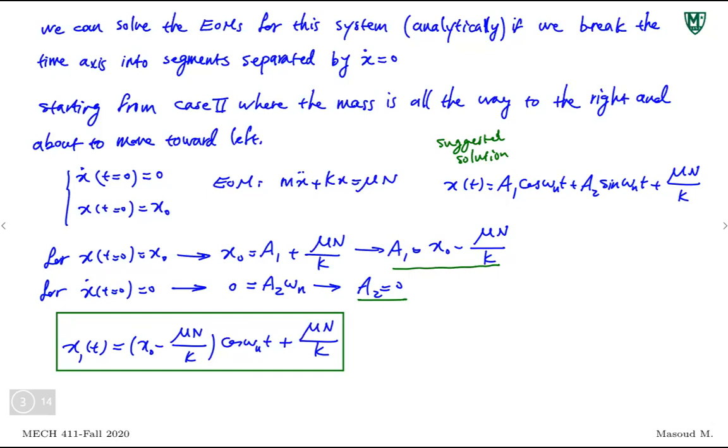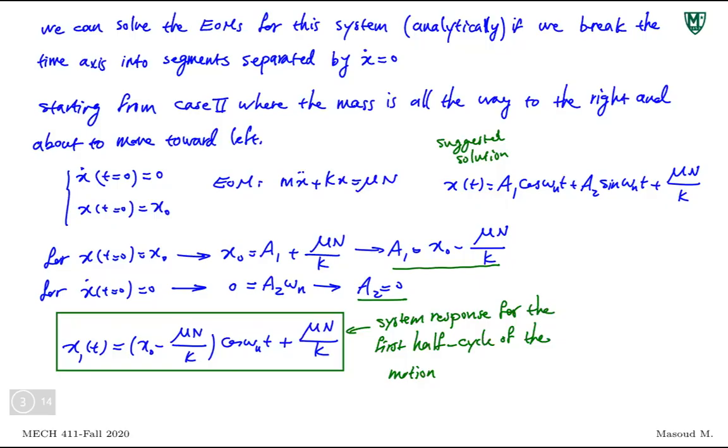So let me write it this way. System response for the first half cycle of the motion. What does that mean if you consider T as the time period for the motion?